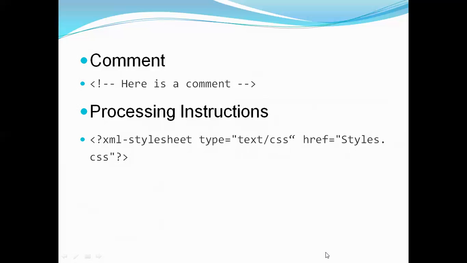As we already know, HTML tags are used to display the content, whereas XML tags describe the content. In order to display as well as describe the XML contents, we need to style our XML documents, right? For that reason, we are using styles.css, that is the cascading style sheets.